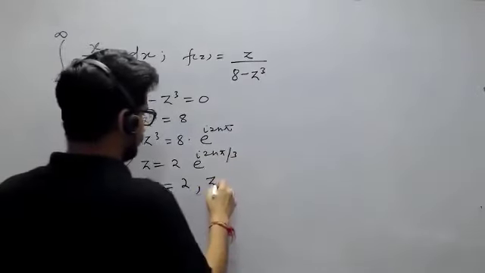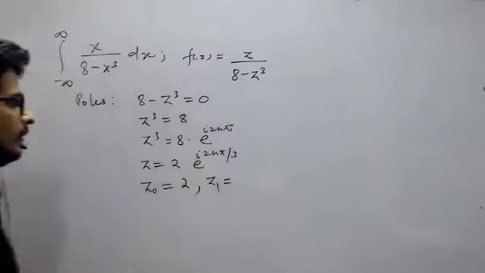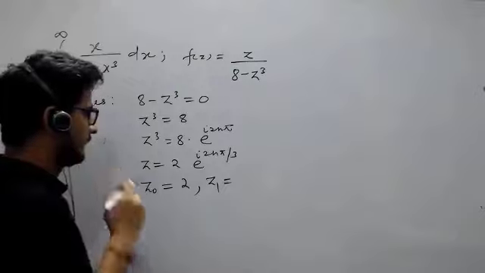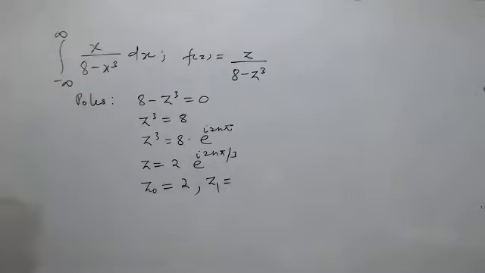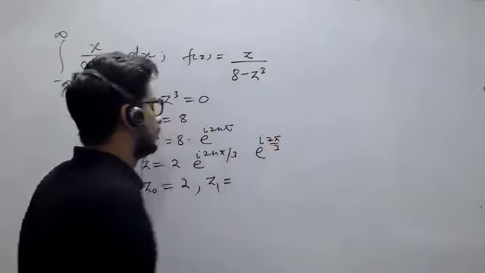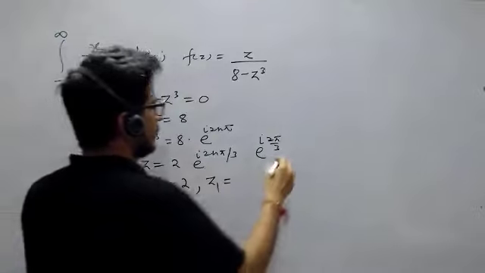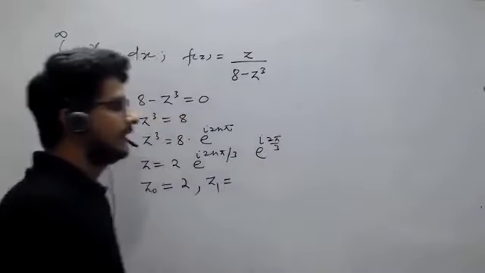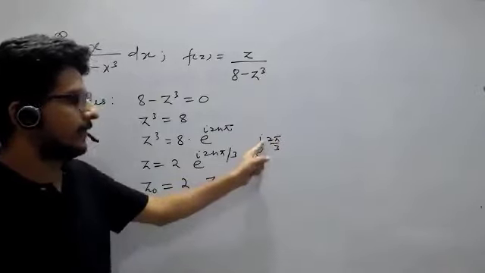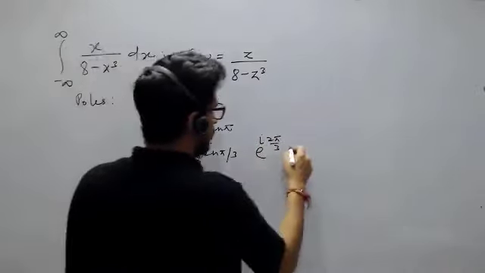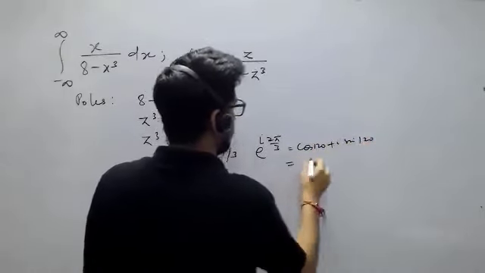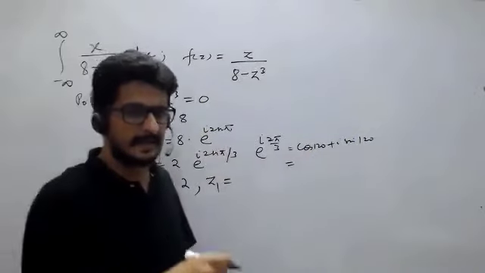What is Z1? So if I take 1, what is the value of e to the power I 2 pi by 3? You can see that it will become, think in your mind, it is like 120 degree. If you convert it into degree, it is 120 degree. So what is cos of 120 plus I sine of 120? So cos of 90 plus 30.